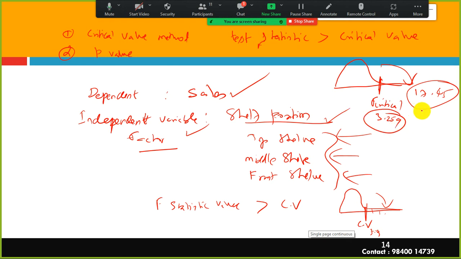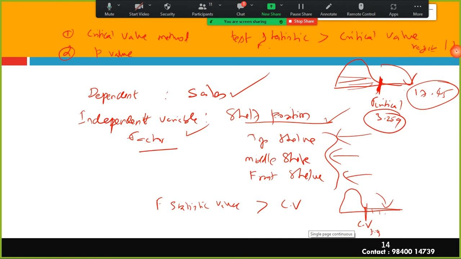So here the F statistic value is 17.45. Since it is greater than the critical value, this is the cutoff, right? Think of this as the acceptance region, but the F statistic is not falling in the acceptance region. Hence we are rejecting the null hypothesis, because 17.45 is greater than the critical value.